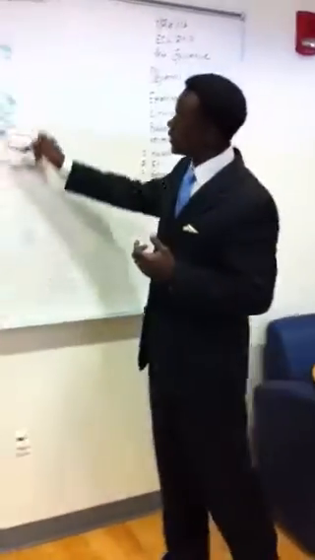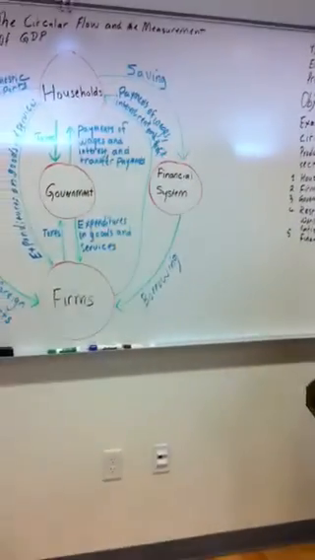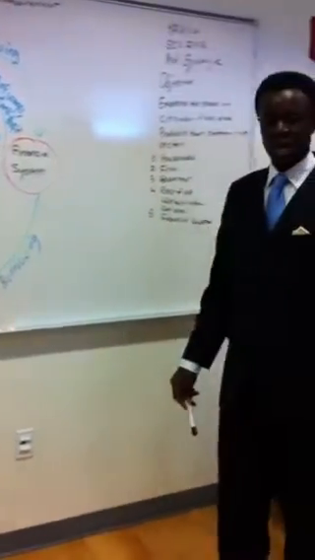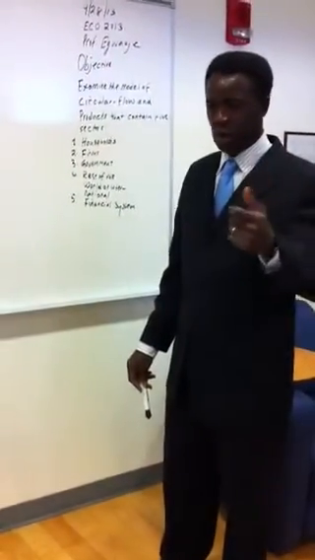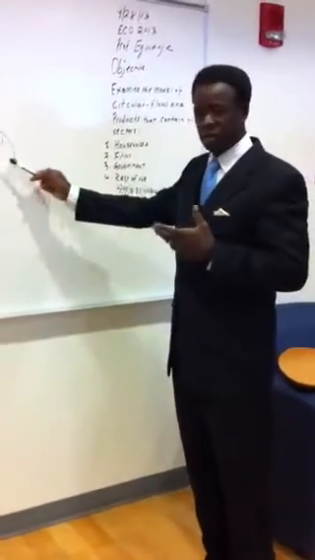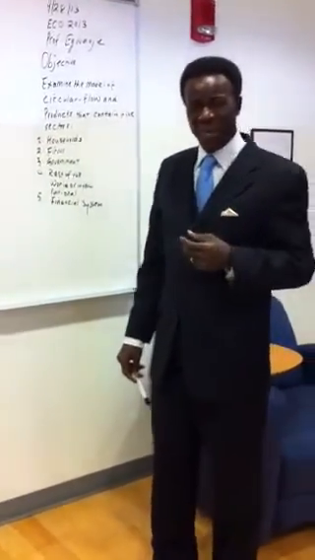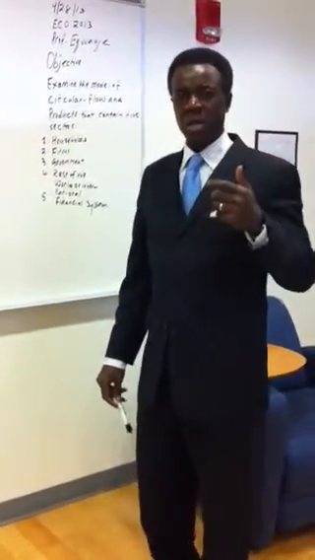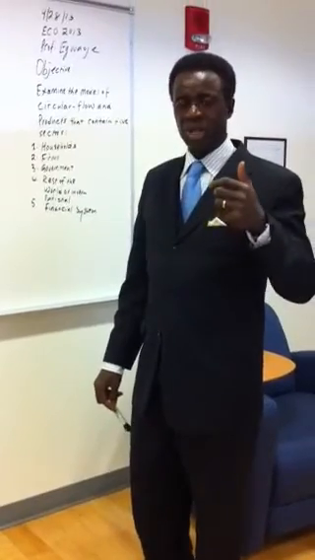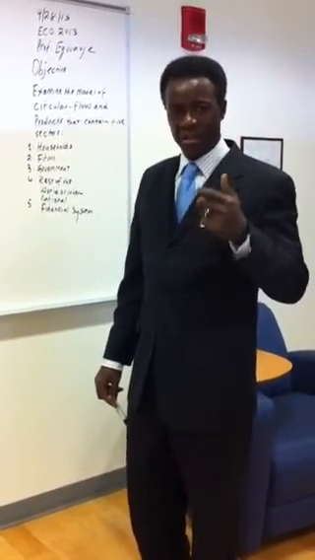So now this saving by households in banks, and purchase of stocks and bonds, is in the financial system. And the financial system consists of the banks, the stock market, and the bond market.